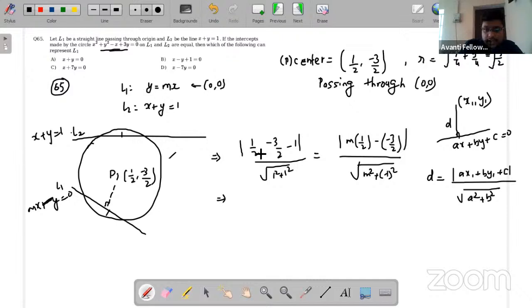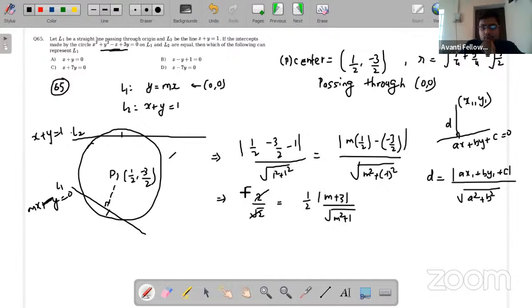So we can write 1 by 2 minus 3 by 2 is minus 1, minus 1 minus 1 is minus 2. So minus 2 modulus is 2 by root 2 is equal to, here we can take 1 by 2 common, so 1 by 2 is outside. We'll rewrite modulus of m plus 3 upon root over m square plus 1. Okay, so this 2 I can write it here.